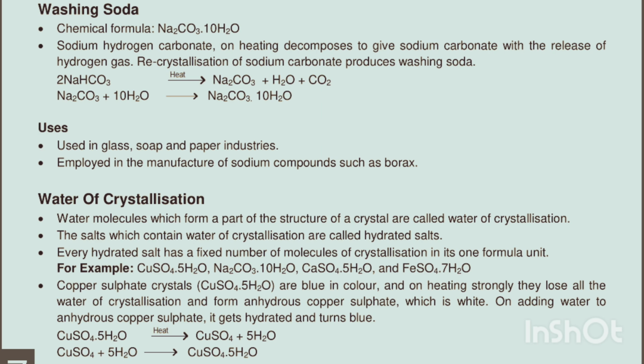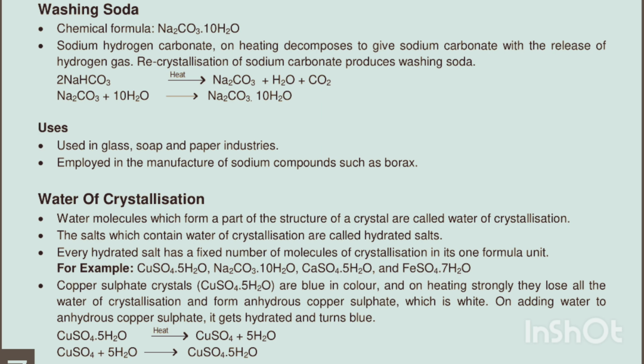The salts which contain water of crystallization are called hydrated salts. Every hydrated salt has a fixed number of molecules of water of crystallization per formula unit. Examples: CuSO4·5H2O, Na2CO3·10H2O, CaSO4·5H2O, and FeSO4·7H2O.